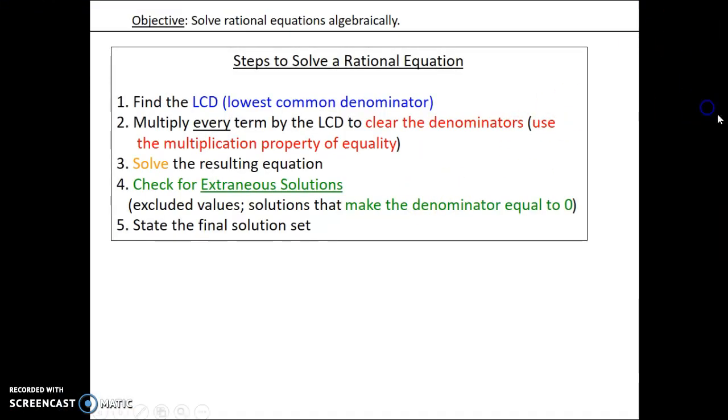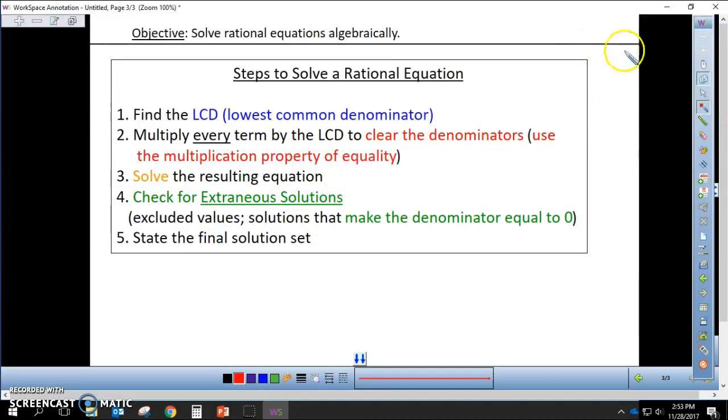Here are our steps that we're going to follow for today's lesson. Same as 6.2, you're going to have to find the lowest common denominator. You're going to have to multiply every single term by the LCD, and this is the crucial part, every single term. And this is what should happen: your denominators should all go away.